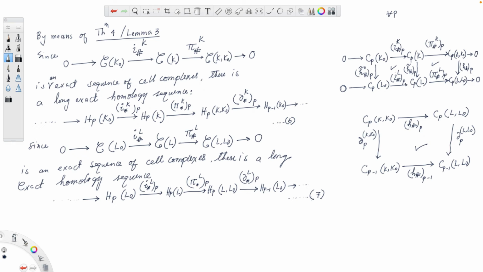Okay, the two long exact sequences given by 6 and 7 talk to each other by means of a family of homomorphisms, right?